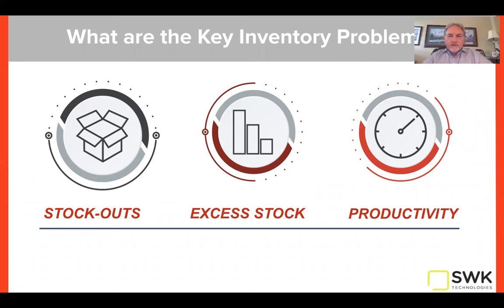If I run out, obviously that's the worst thing that can happen. I could potentially lose not just a sale, but potentially a customer. So that's something that obviously needs to be avoided at all costs, but not at the expense of overbuying. I can't solve that problem by simply overstocking, having my warehouses overflowing with product, and essentially gathering dust and tying up working capital.